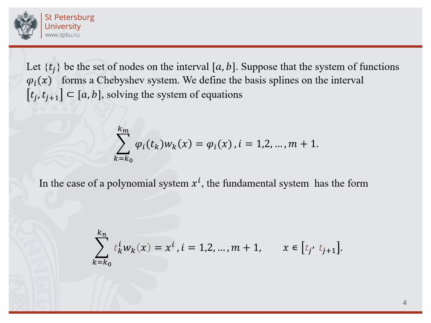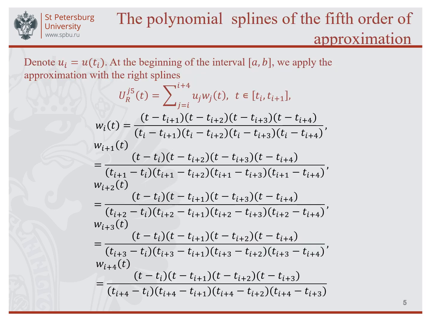In the case of polynomial system, the fundamental system has the form. Let ui be the value of function u at the node ti. At the beginning of the interval AB, we apply the approximation with the right splines.